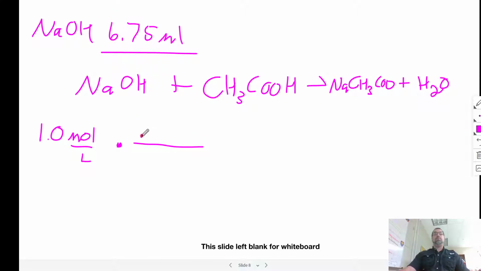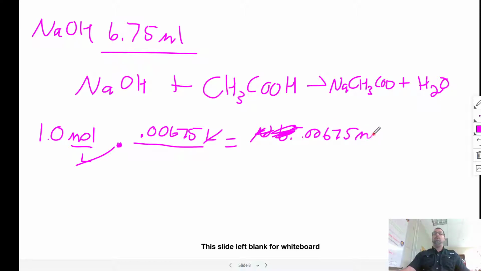We're going to turn it into 0.00675 liters, okay? This will cancel, which means that in total here, we used up 0.00675 moles of NaOH.